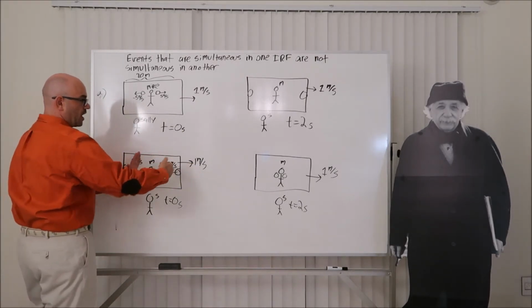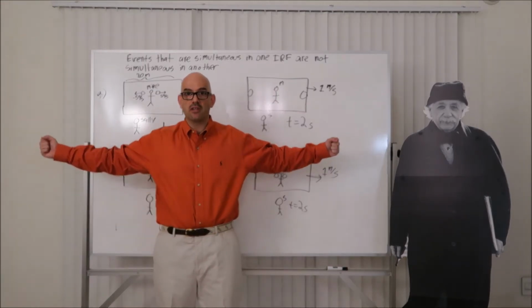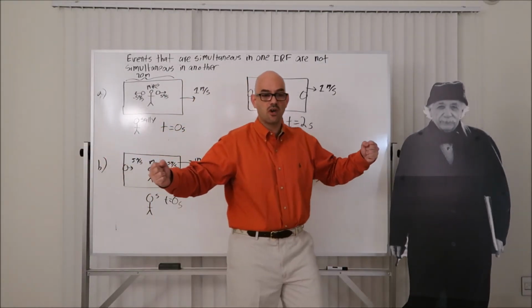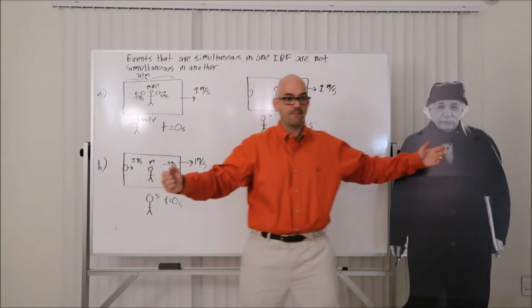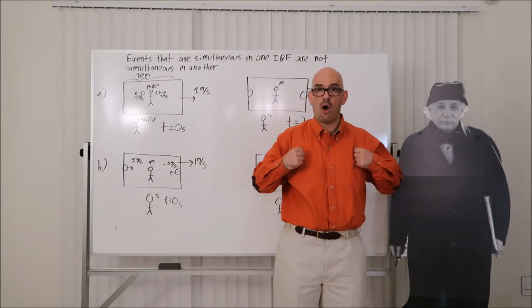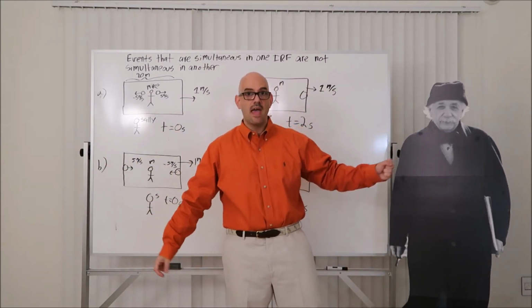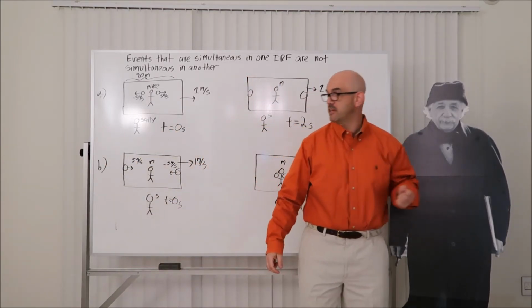Sally sees Mike, so the balls are moving, but Mike is also moving. So this ball has a shorter distance to travel before it hits Mike than this ball, because Mike is moving away from the ball coming this way, and Mike is moving towards the ball coming this way.